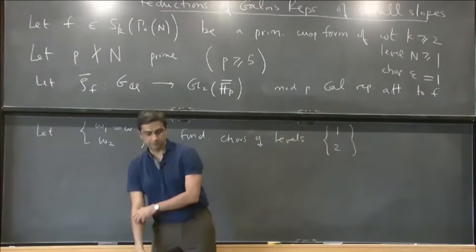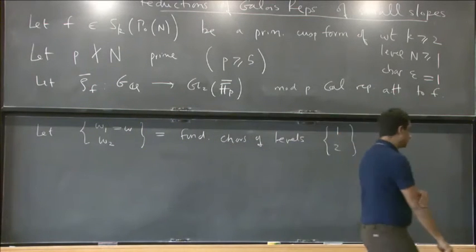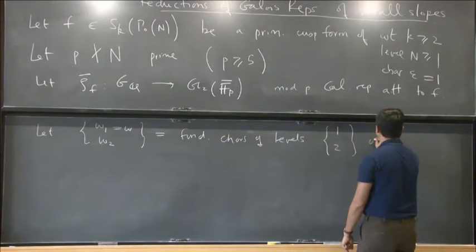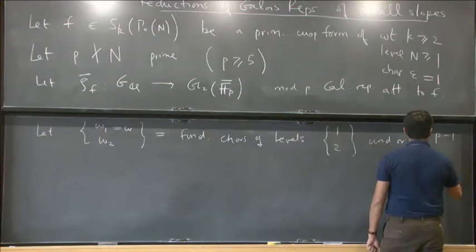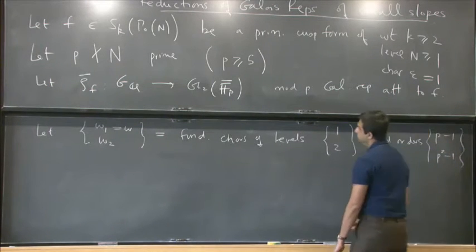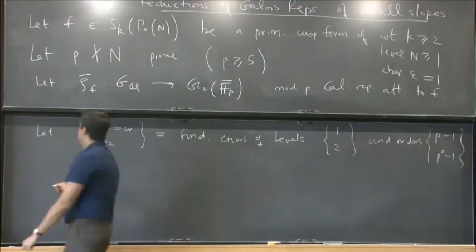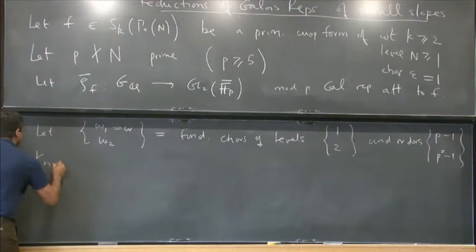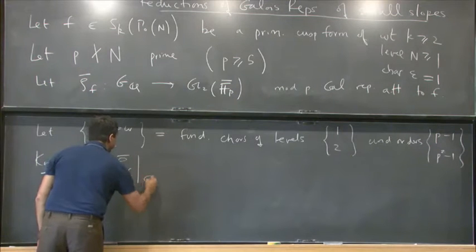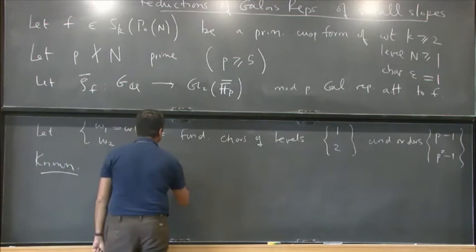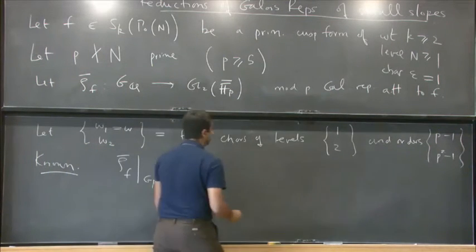I'll just call the fundamental character of level 1 omega, just the mod p cyclotomic character. Orders are p minus 1 and p squared minus 1. And it's known that this mod p representation on decomposition at p is either reducible or irreducible.